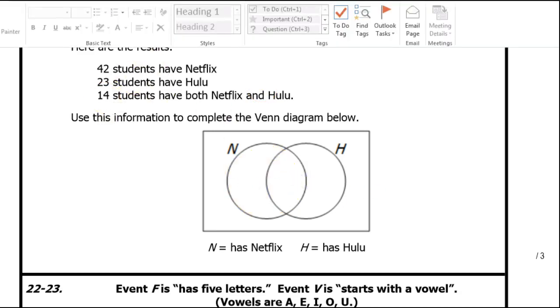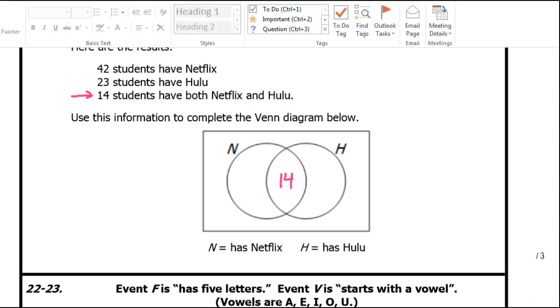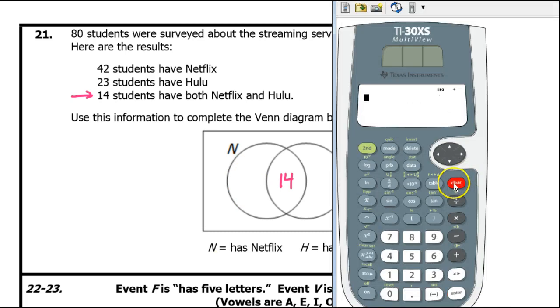So, since we already wrote down the 14, here's how you solve the problem. Always start with the middle number. 14 students have both Netflix and Hulu. Write that down first. Then think about what goes here. Since 42 students have Netflix, and we've already written down 14 of them, the question is how many are left. In other words, you need to be thinking, what is 42 minus 14?